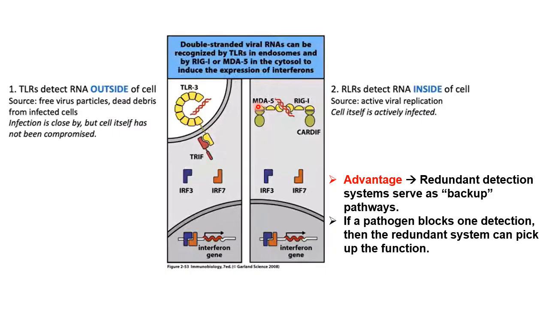The example of detecting cytoplasmic viral RNA is RIG-I and MDA5, but I usually remember RIG-I. The reason for the redundancy: if the virus escapes the first detection, we'll catch it with the following detection.